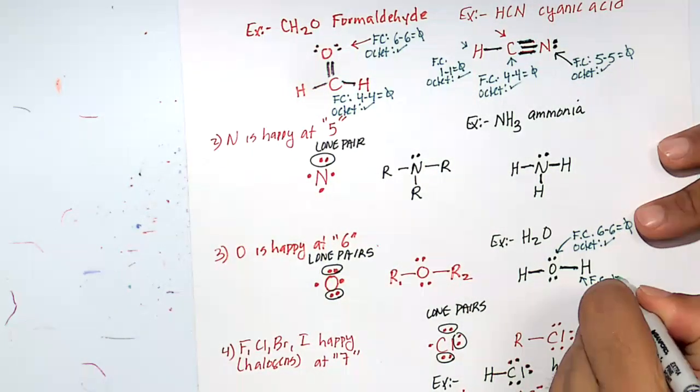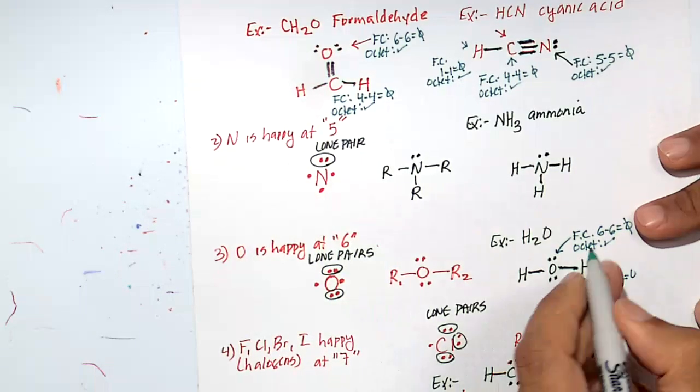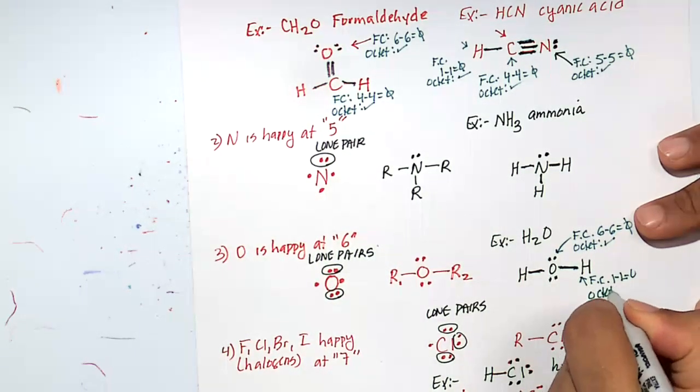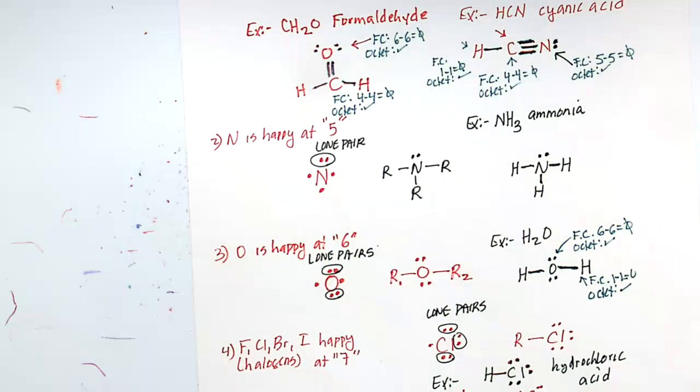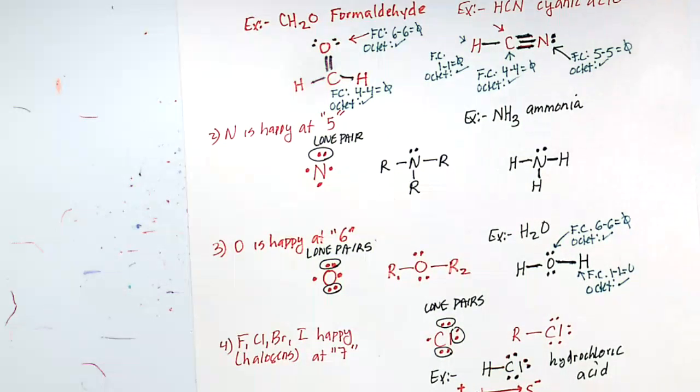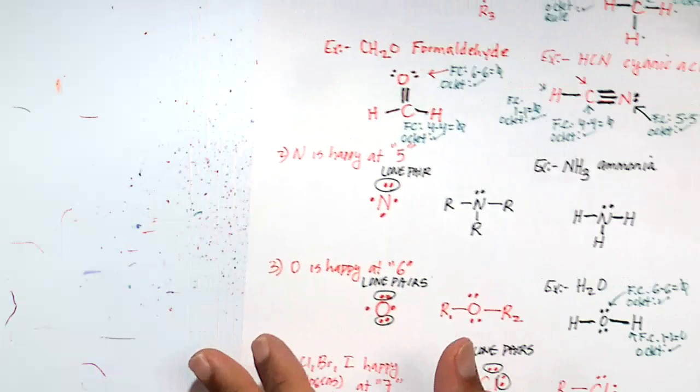Hydrogen happy at 1. 1 minus 1 is 0. Octet rule. 1, 2. That's the octet for hydrogen. Remember, there's a lot of fuzziness with the octet rule. All right, so our little bit of the basics are down. So now let's just draw some of these.